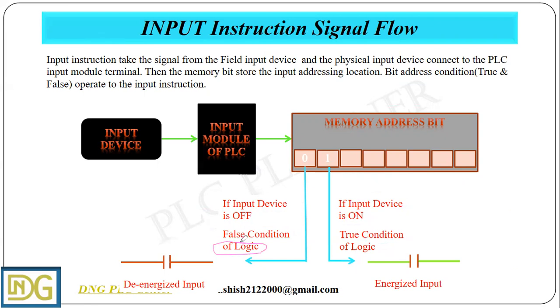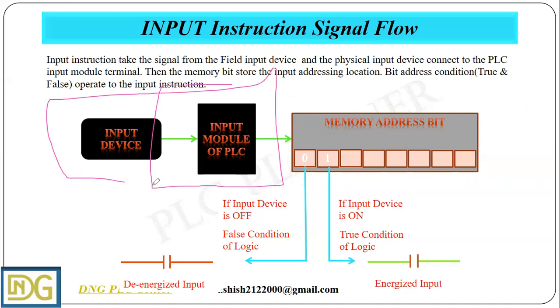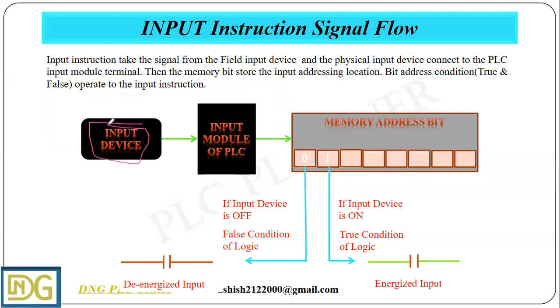Logic conditions are false when input devices are off. Our input terminals are connected to our field input devices. Our field input devices share the signal to the input module of the PLC, and the input module of the PLC shares the signal to our logic.